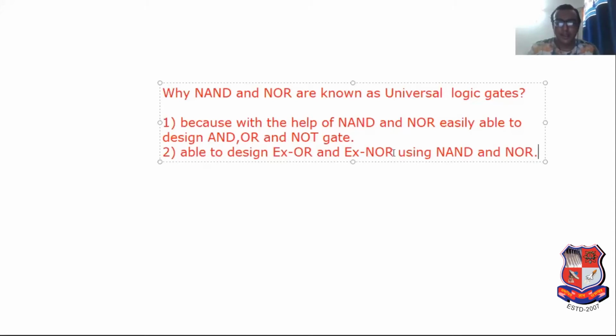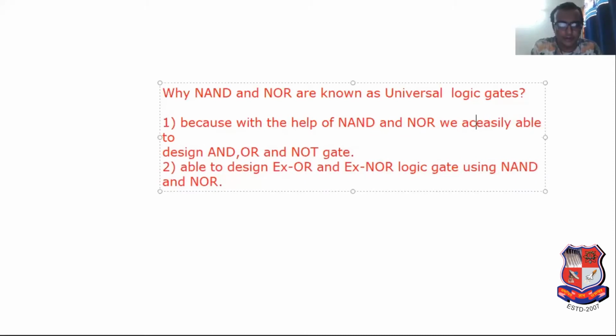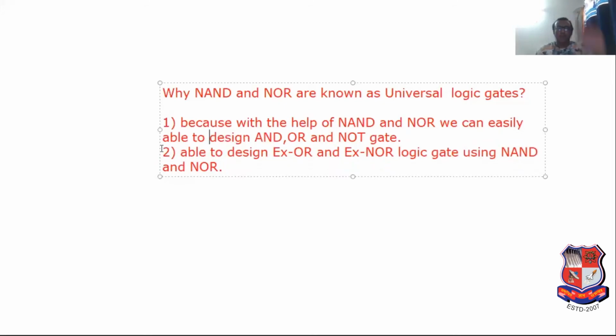That's why NAND and NOR are known as universal logic gates.